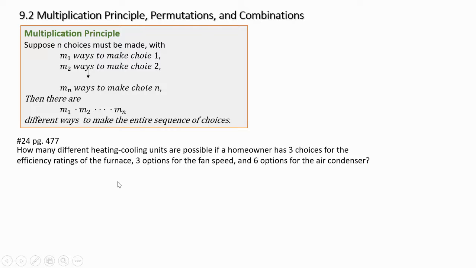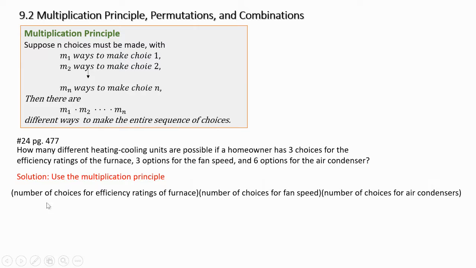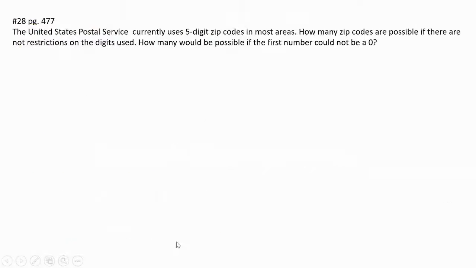So how many different coolings are there? Right, so the number of choices for efficiency rating is 3. The number of choices for the fan speed is also 3. And the options of the air condenser is 6. So it's going to be 3 times 3 times 6, which is 54. That's where you apply the multiplication principle. 54 different units are possible.